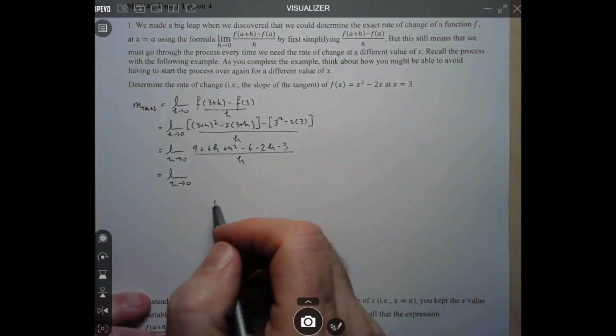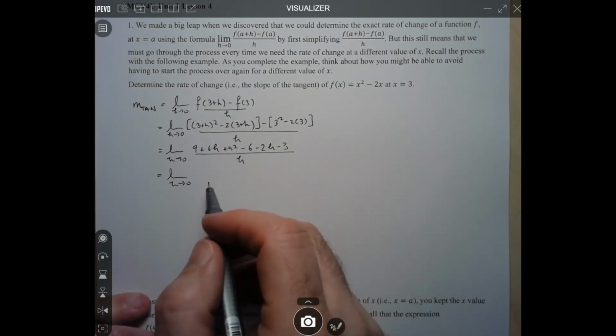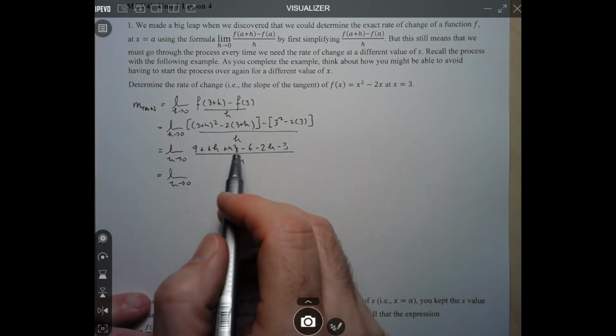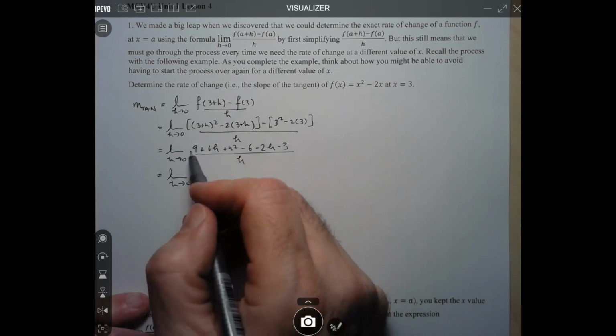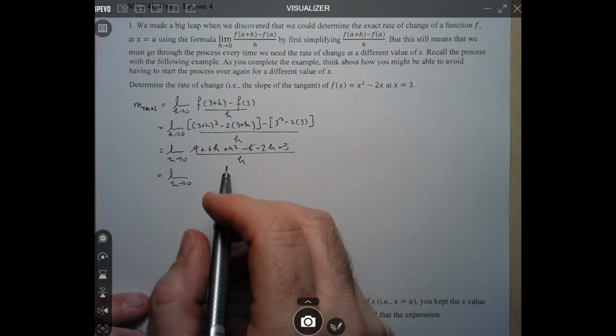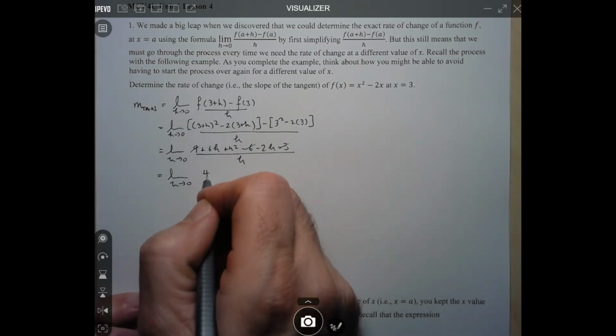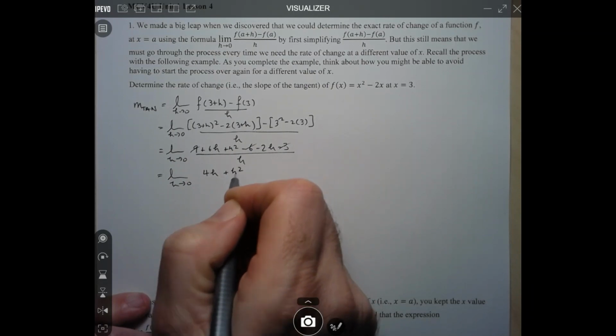Now, in the end, what we need to happen is to end up with a factor of h. Here I notice I have 9 minus 6 minus 3, so all the constants cancel out. What are we left with? We're left with 6h minus 2h, so 4h plus h squared.